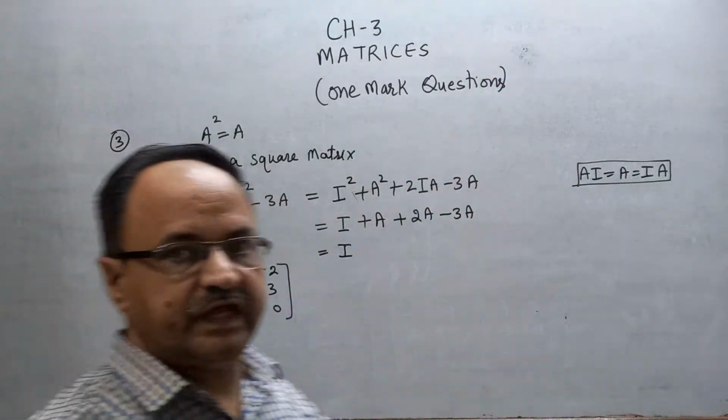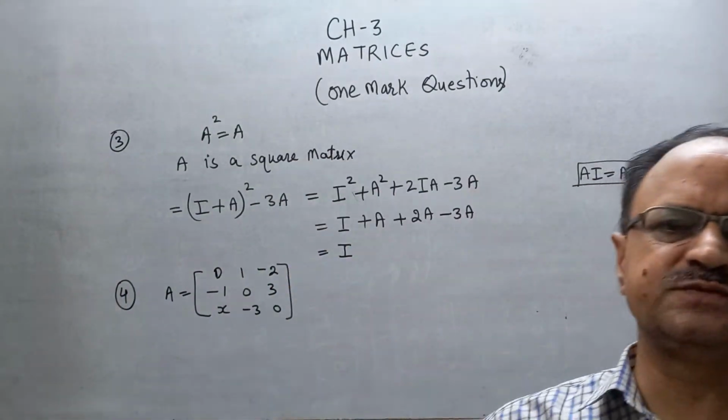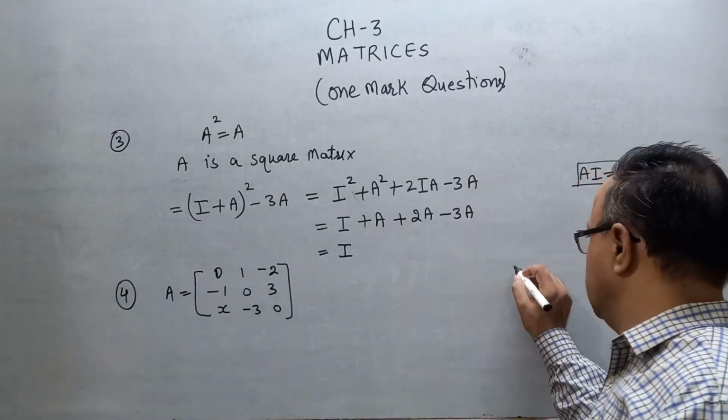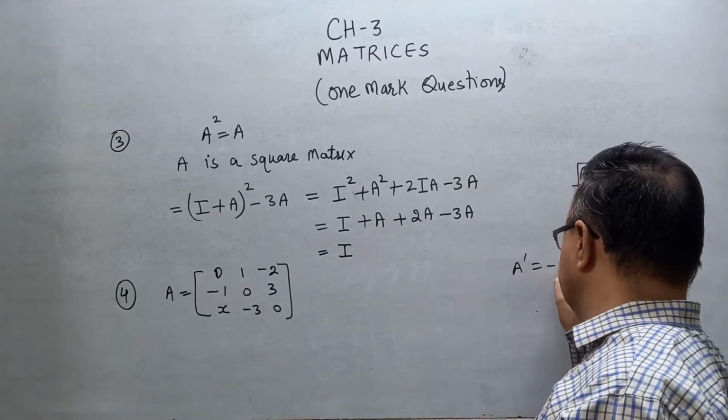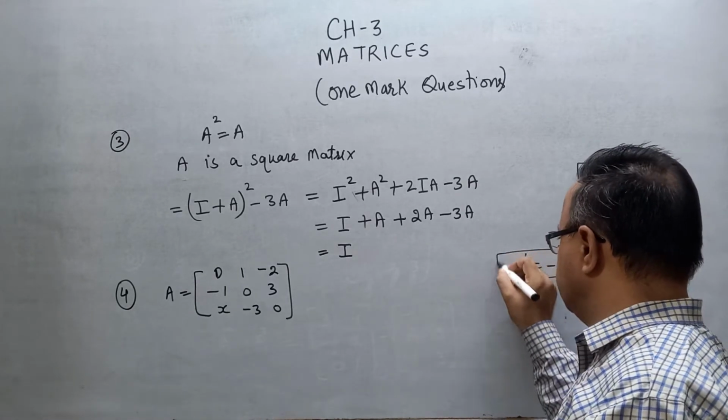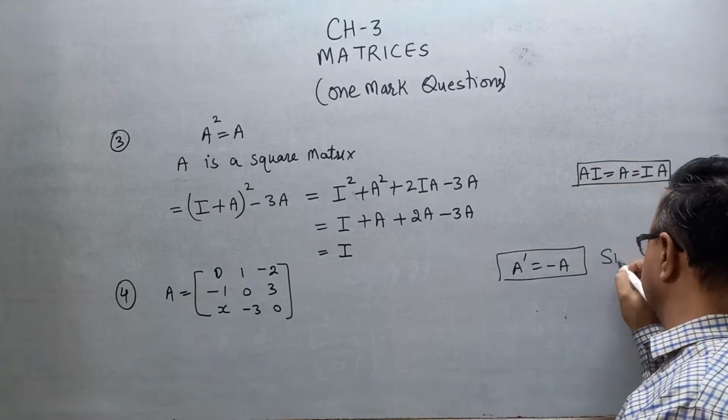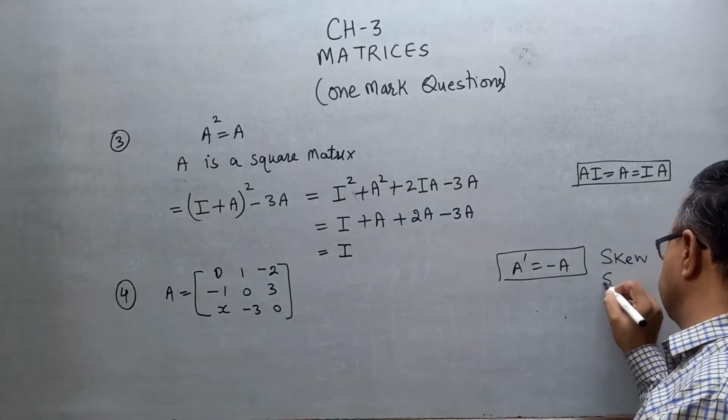You know that skew symmetric means A transpose is equal to minus A. This is the condition of skew symmetric.